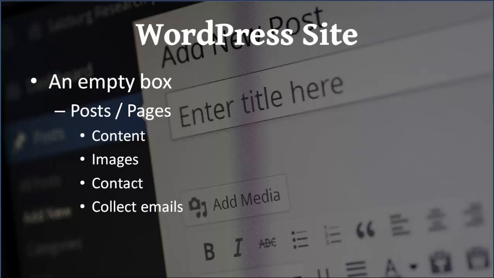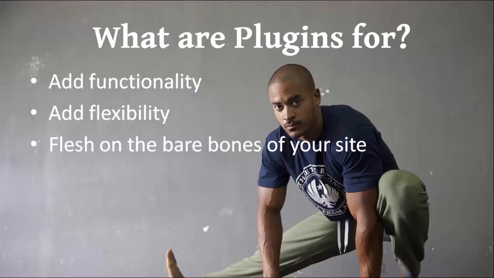You have to do all that. So how do you do that? Plugins. They add functionality, they add flexibility to your site, and yes, they are the flesh on the bare bones.